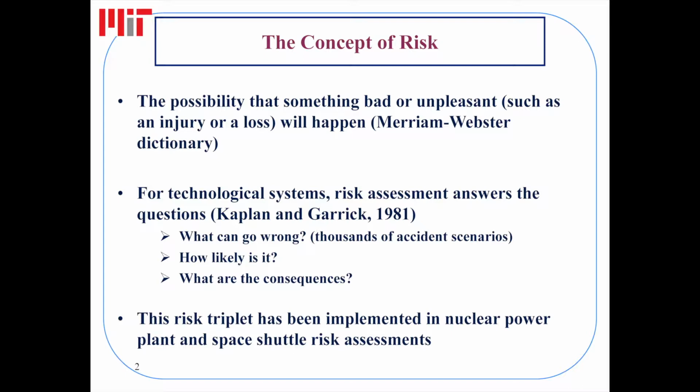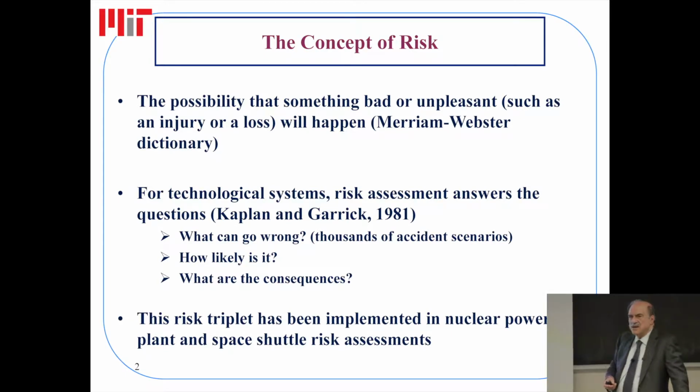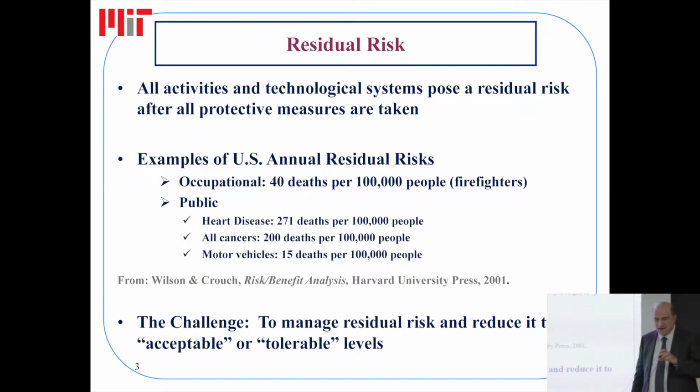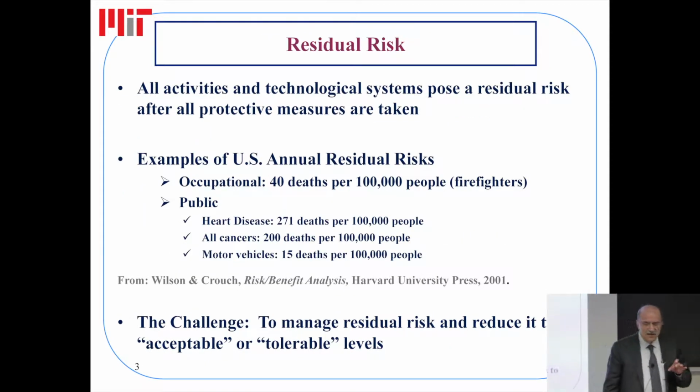So this so-called risk triplet now is used by many industries, not just the nuclear guys, aerospace, the Coast Guard is using it. So one concept that is very important here is the concept of residual risk.